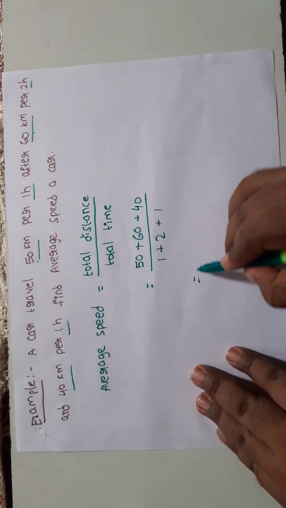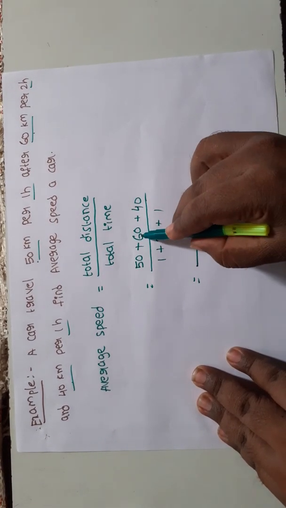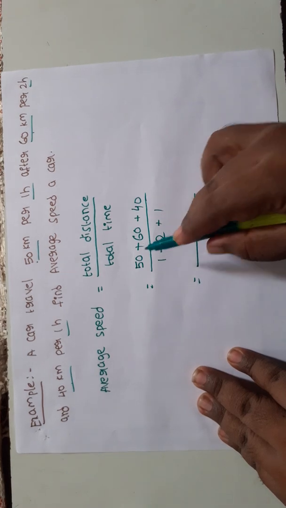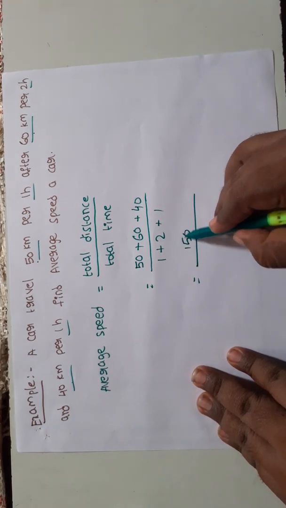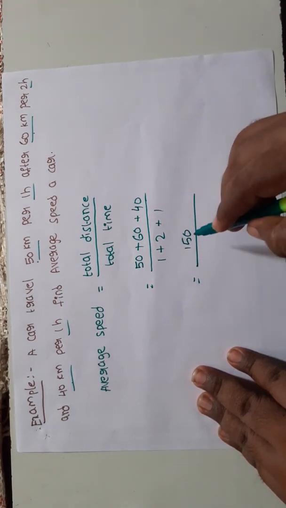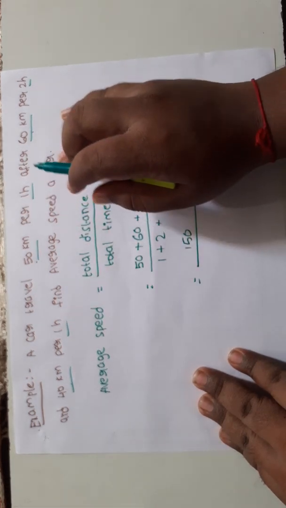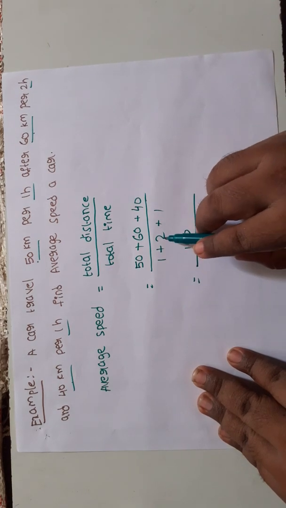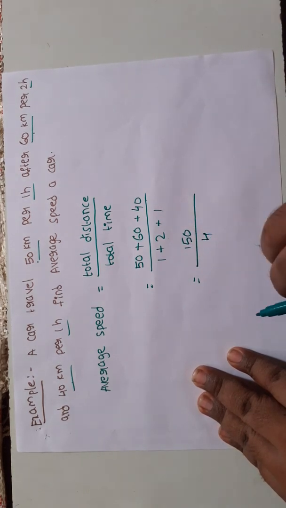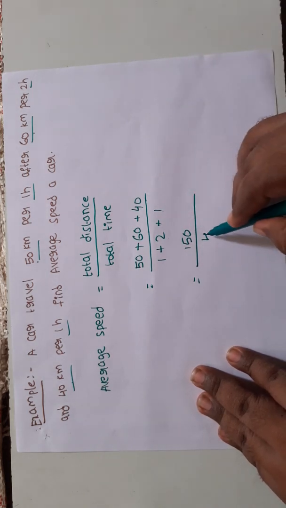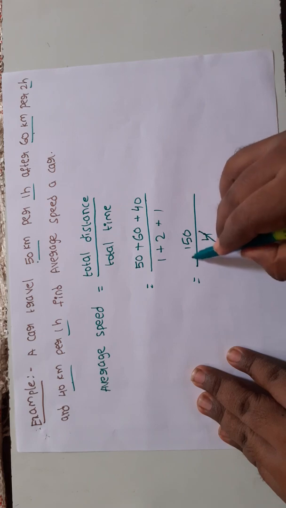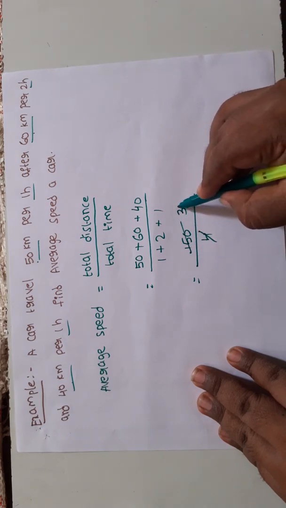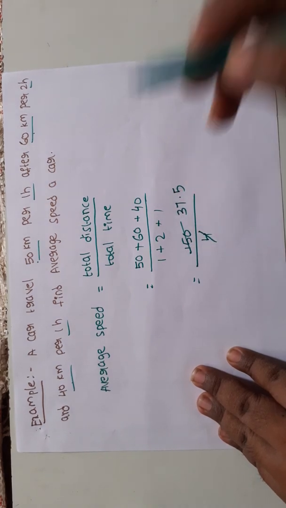In the numerator, 60 plus 40 is 100, 100 plus 50 is 150 total kilometers. The car travels a total of 150 kilometers. So total time is 4 hours. How many times does it cancel? 37.5.